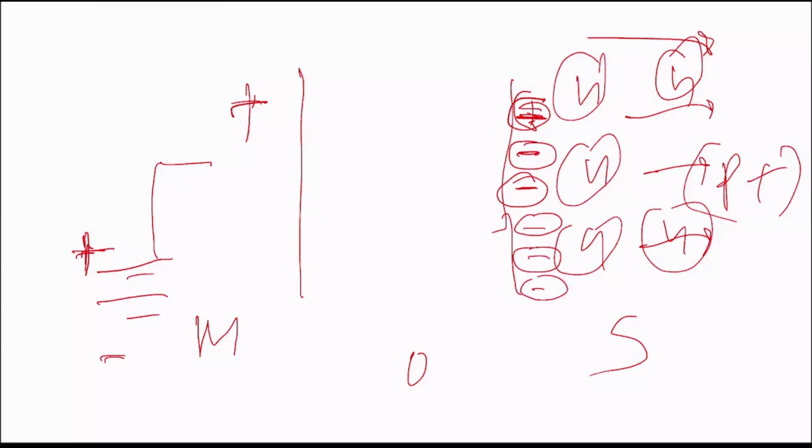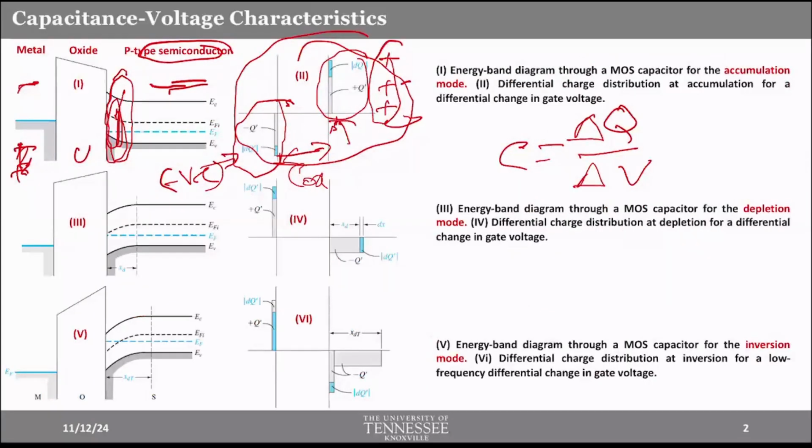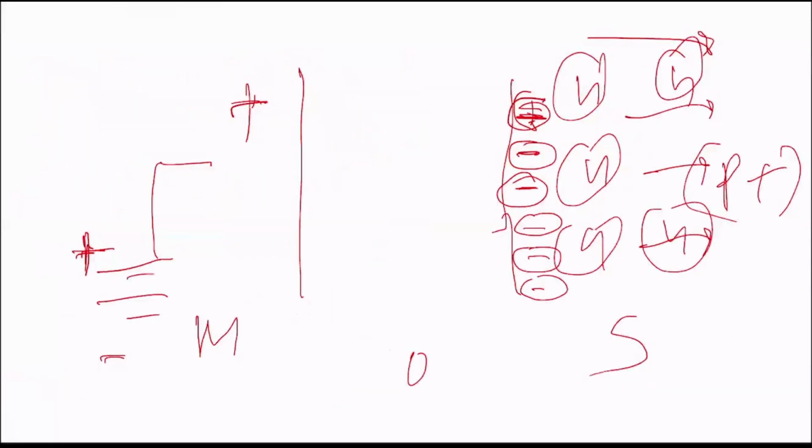If we look at the band diagram, you can see that the band is now bending in the opposite direction compared to when we applied the negative voltage, because now more and more holes are getting repelled. Let's look at the band diagram here.